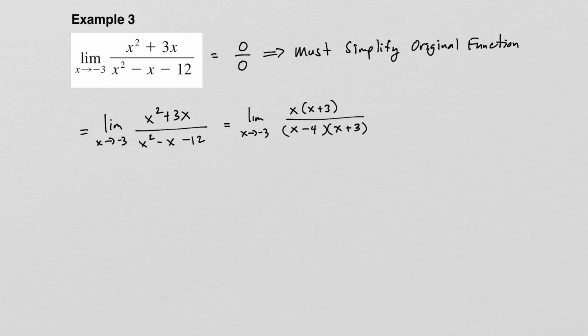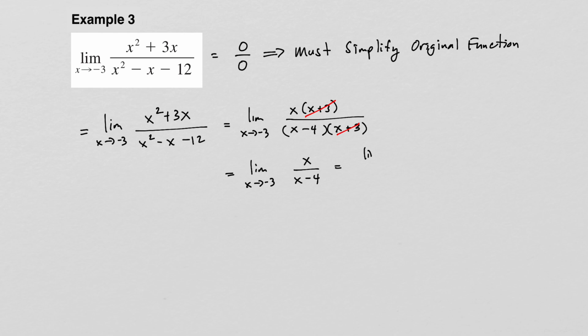Then I want you to notice that we now have a common factor of x plus 3 that we can cancel out. And this becomes the limit as x approaches negative 3 of x over x minus 4.